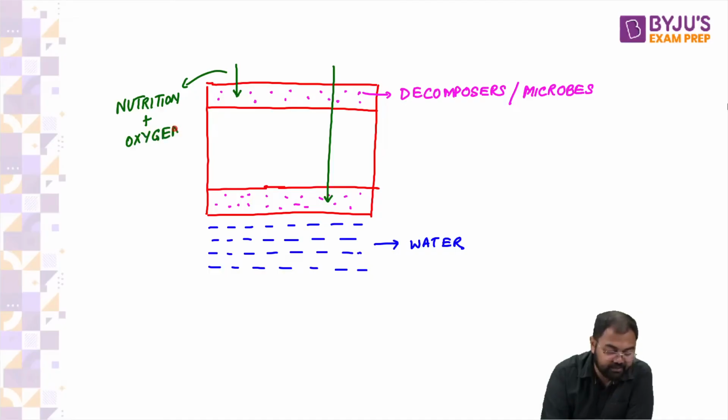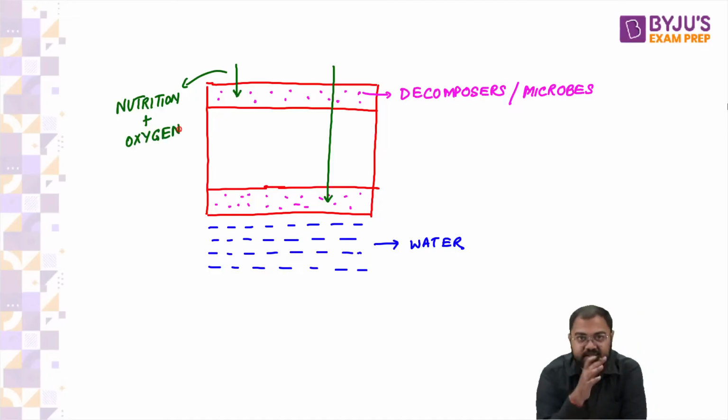Oxygen will help them in better respiration, and that's why the process will be faster. The process of consumption of energy and the use of that energy will be faster. So that's why nutrition and oxygen will be injected to this layer.